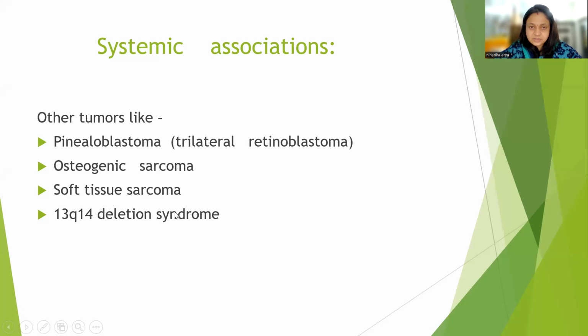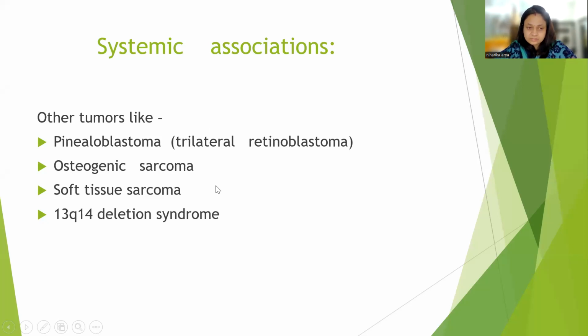Systemic associations of the retinoblastoma. The other tumors which simulate the retinoblastoma, such as the pineal, are secondary tumors which can be associated with the retinoblastoma. So this is the pinealoblastoma, which is also known as the trilateral retinoblastoma. If the retinoblastoma is associated with the pinealoblastoma, then it is known as the trilateral retinoblastoma.